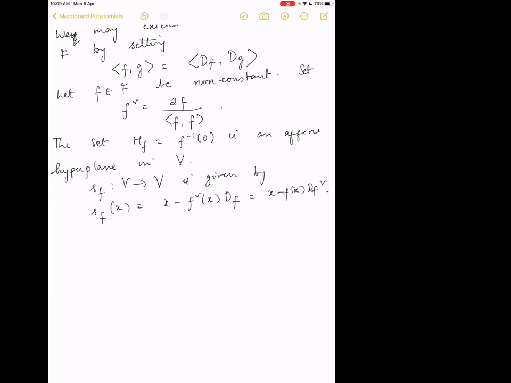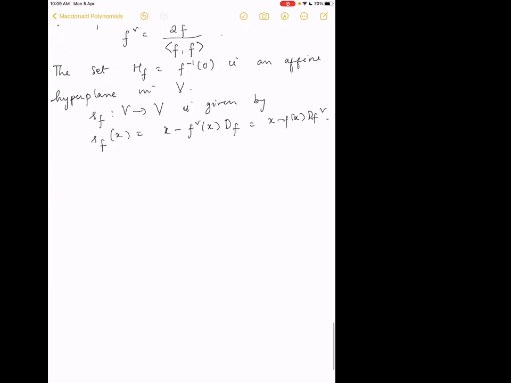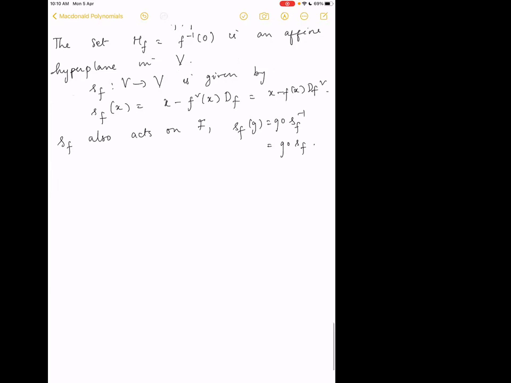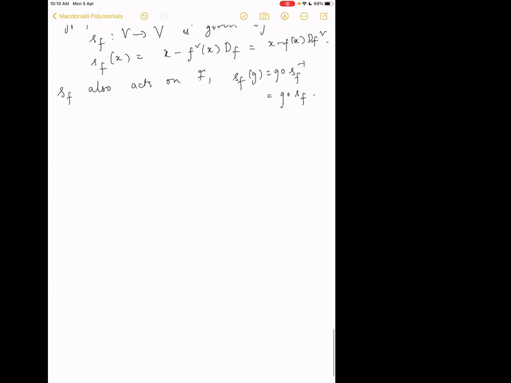Okay, and s_f also acts on F. So s_f of g is g composed with s_f inverse, which is also g composed with s_f. And some more notation.